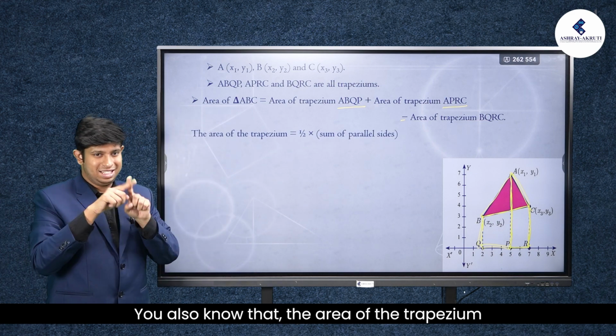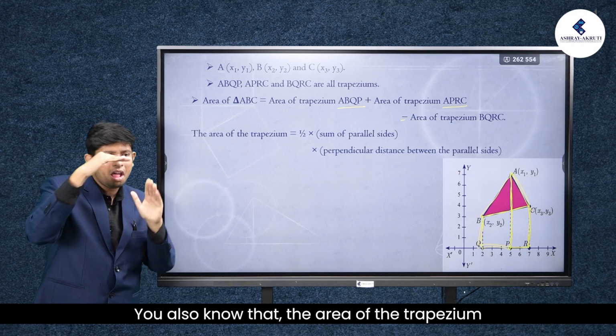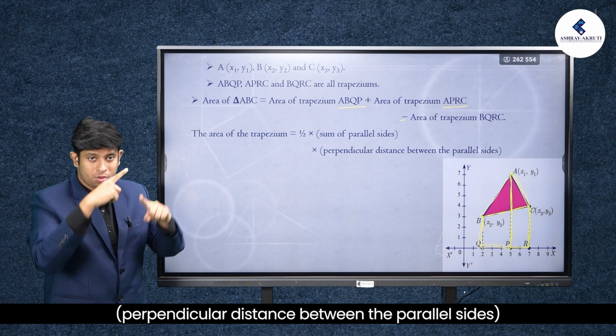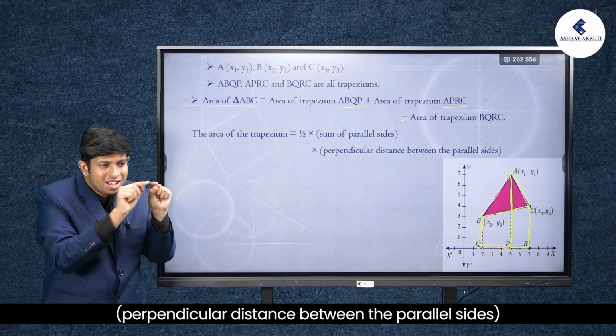You also know that the area of trapezium is equal to half into sum of parallel sides into perpendicular distance between the parallel sides.